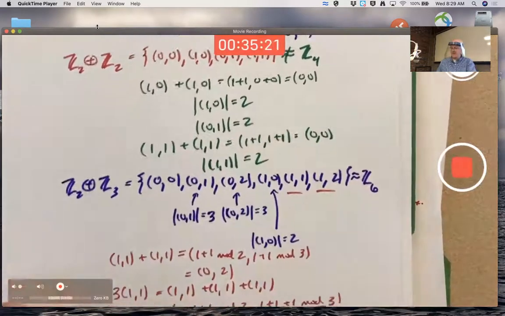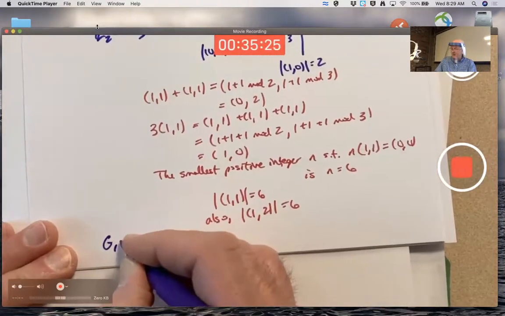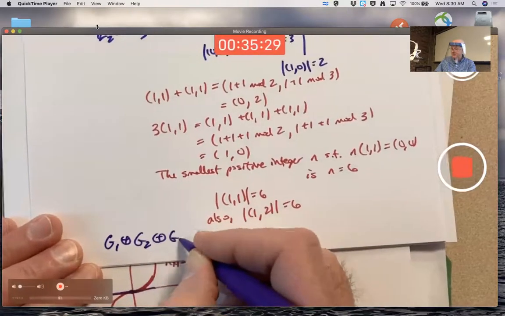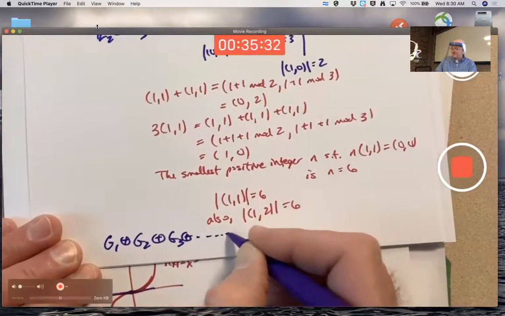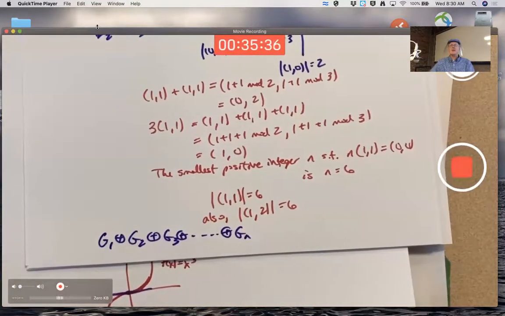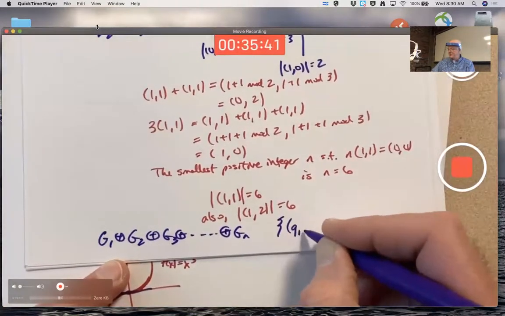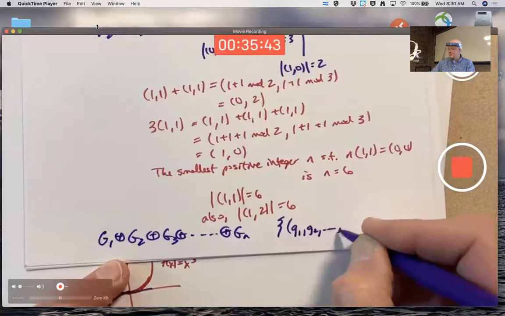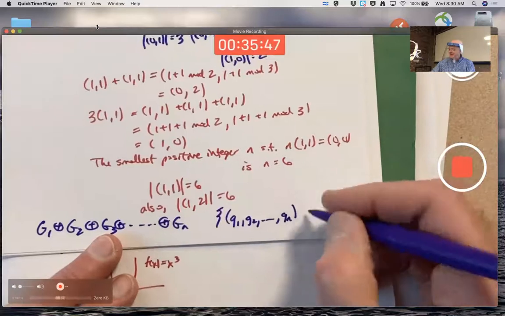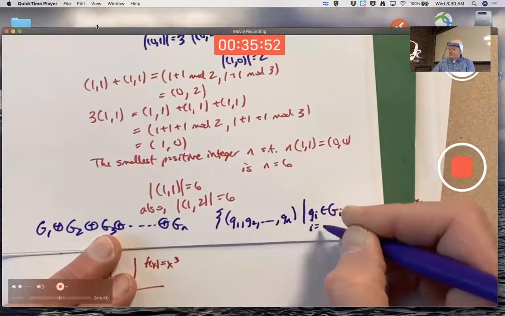And yes, you can form the external direct product of more than two groups. You can do a G1 external direct product with G2 external direct product with G3, etc. And now you're talking about a set of ordered n tuples, G1, G2, etc., up to Gn, where each G sub i is from capital G sub i for i equals 1 through n.